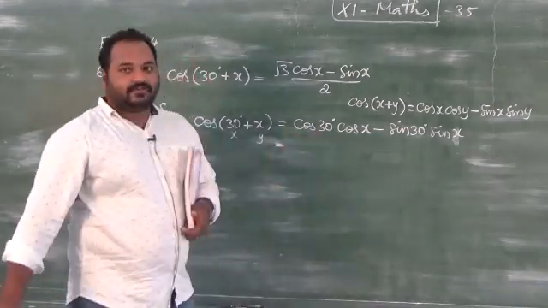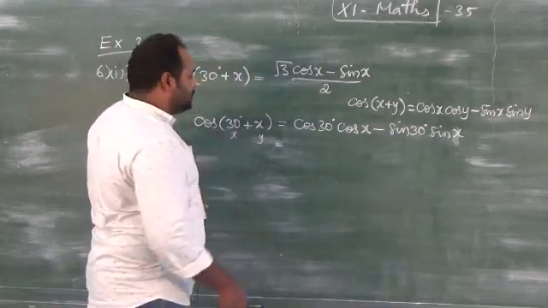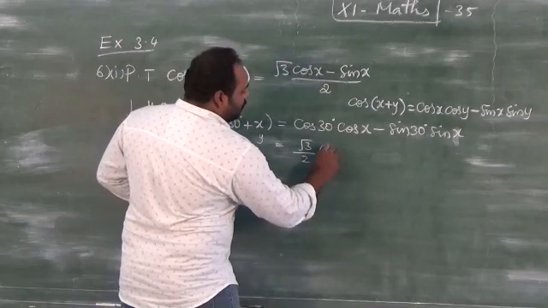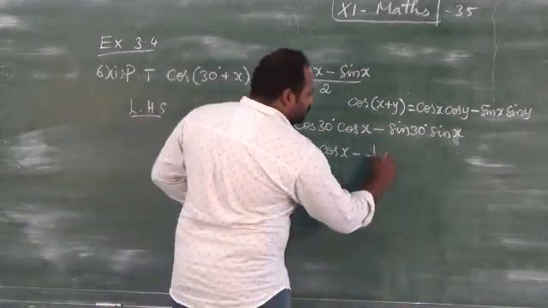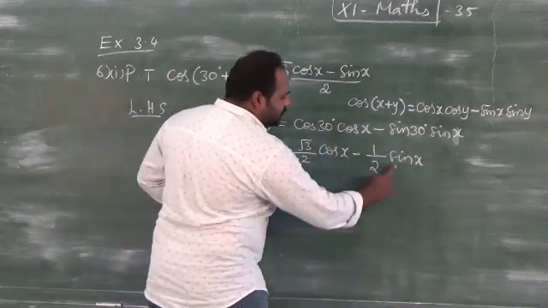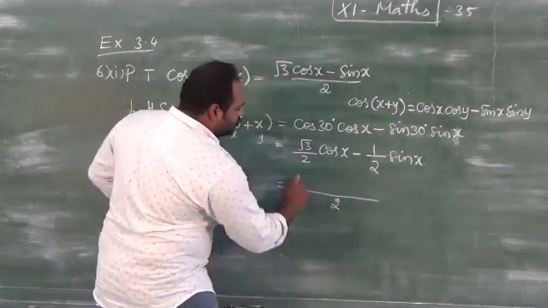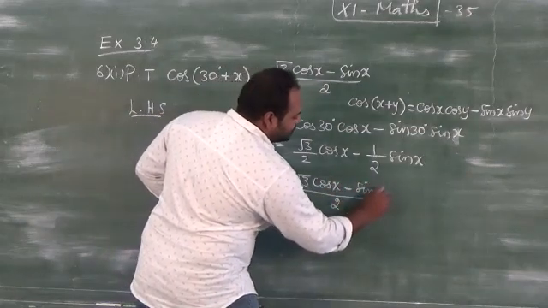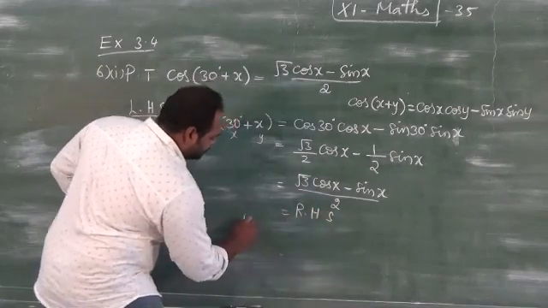Now, we know the value of cos 30 degree and also sin 30 degree, so I am going to apply the values here. Cos 30 degree value is root 3 by 2 cos x minus sin 30 degree is 1 by 2 into sin x. So here we are going to subtract these two terms. Here we have a common denominator 2. So (root 3 cos x minus sin x) by 2, which is RHS side. So hence proved.